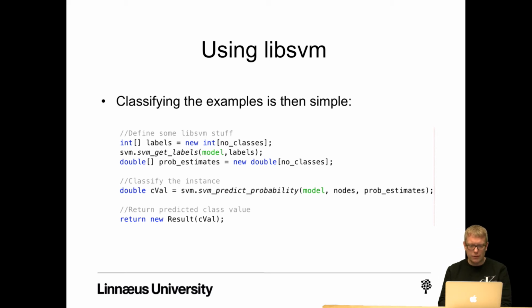Then we return a new result which is the category returned from svm_predict_probability. And the probability estimates is the probability for the instance belonging to each category. So we can see the probability for it belonging to other categories, not just the highest probability which is returned by the method.